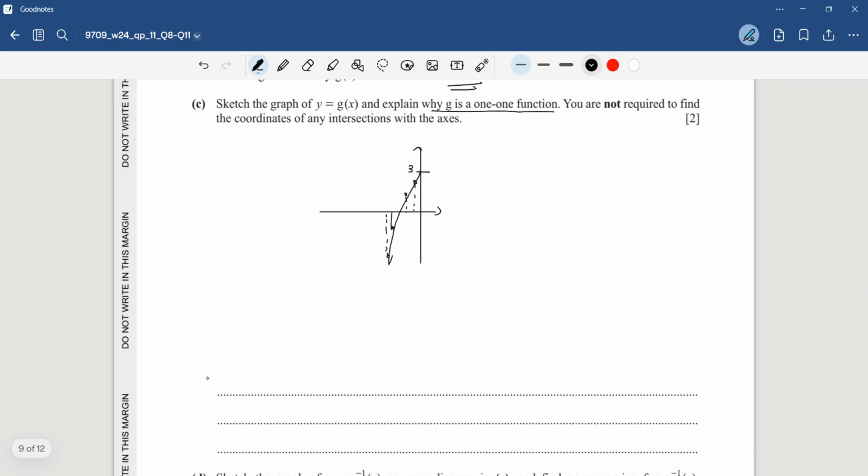So you can say: each y value is associated with only one x value, therefore g is a 1 to 1 function.